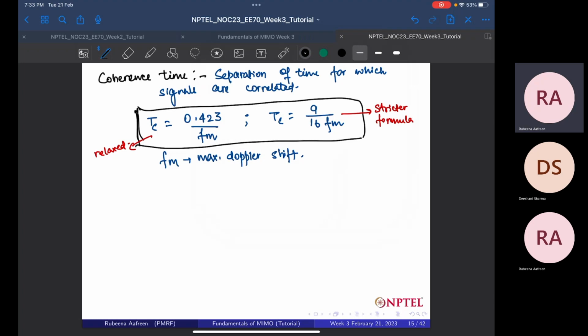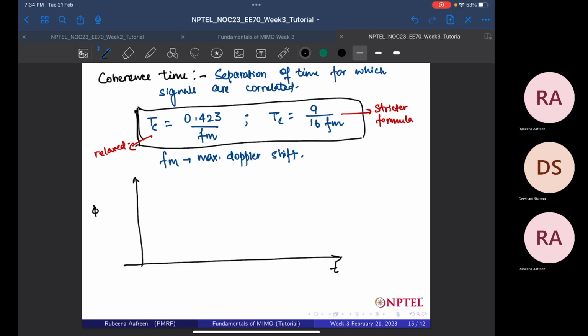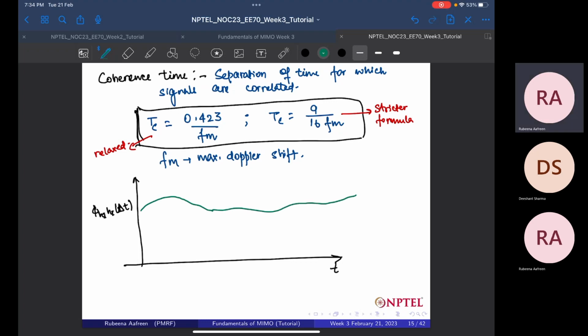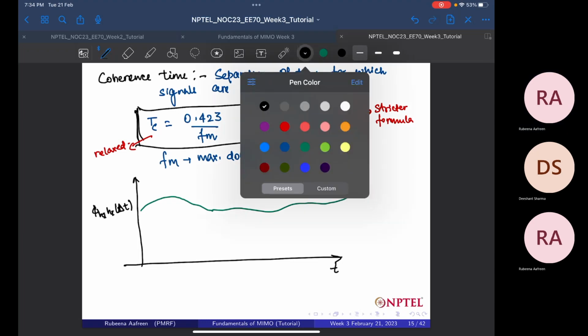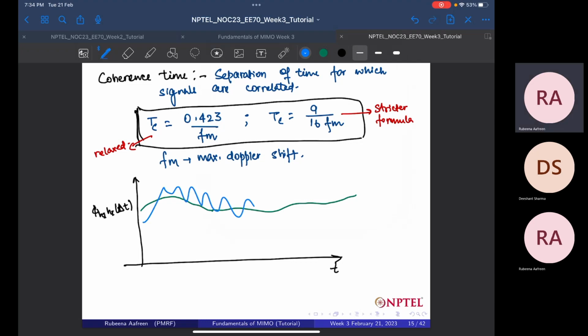Now what is the significance of Fm? Let's suppose this kind of fading is slow fading, and this kind of fading is fast fading.